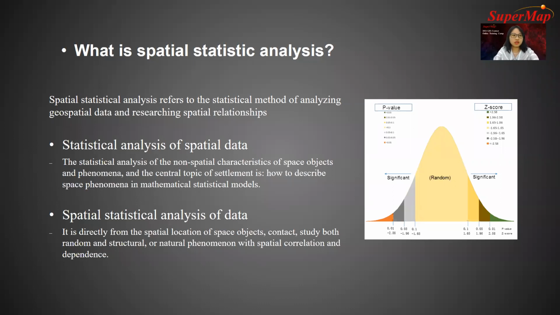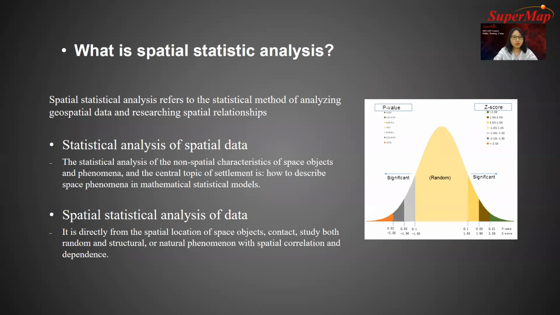Here we can see there are two types of this statistic analysis. The first one is statistical analysis of spatial data. This one is the statistical analysis of the non-spatial characteristics of spatial objects and phenomena. And the central topic is how to describe spatial phenomena in mathematical statistical models.